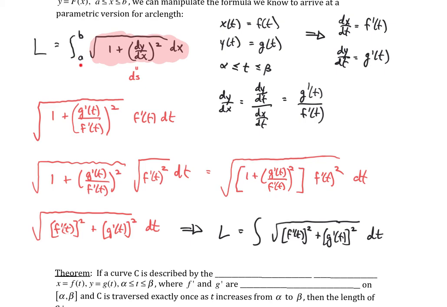I need to change my limits of integration. These guys were x values because it was a dx thing originally. Now they have to be t things. So here's where I use the fact that my initial parameter value is alpha. So my lower limit of integration should be alpha, and my upper limit of integration should be beta.